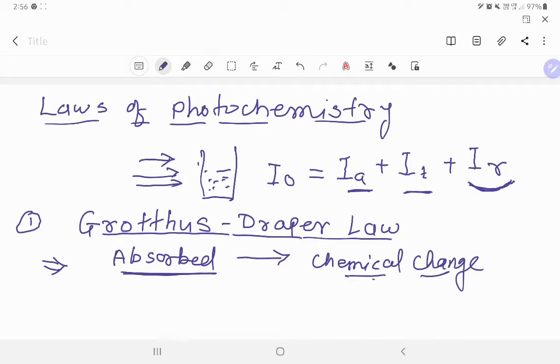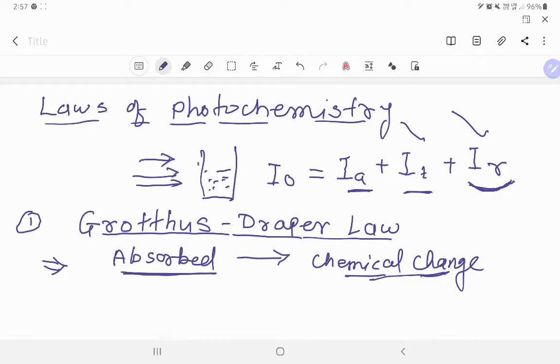That means transmitted or reflected radiations are not responsible for chemical change. This is the first law of photochemistry, also called the Grotthuss-Draper law.